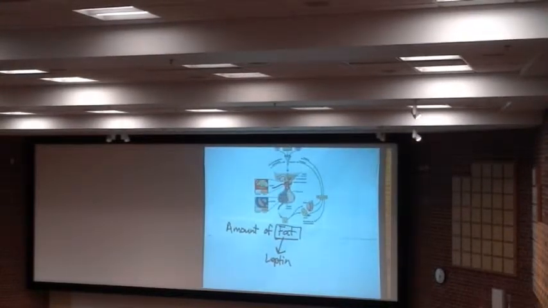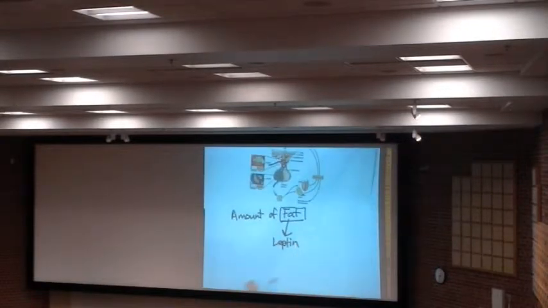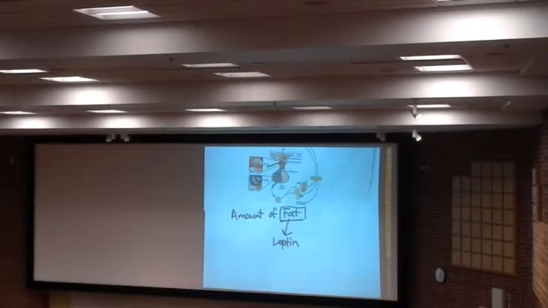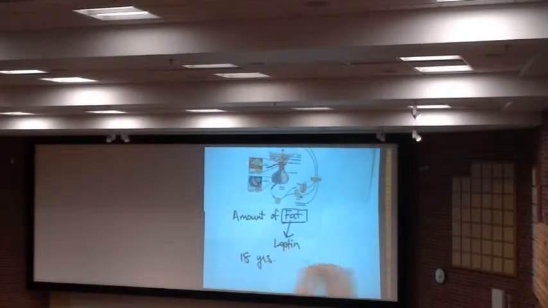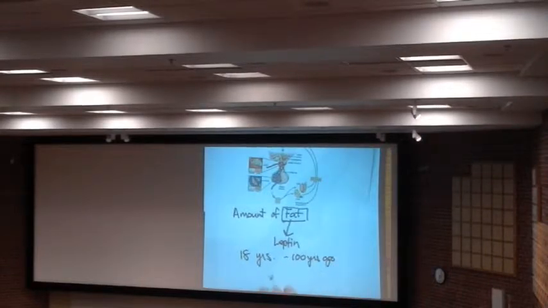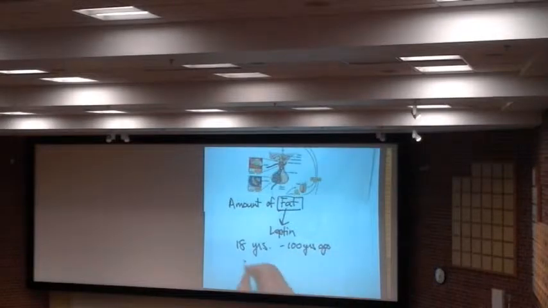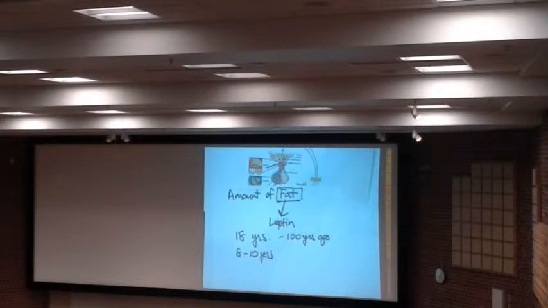We're going to talk about that right now. It is observed that the age at which puberty occurs keeps getting younger and younger. 100 years ago, puberty started at 18 years of age. Now, at 8 to 10 years of age, puberty is starting. Why is that? That is a good question.